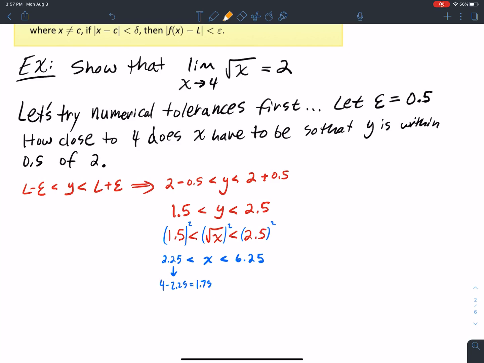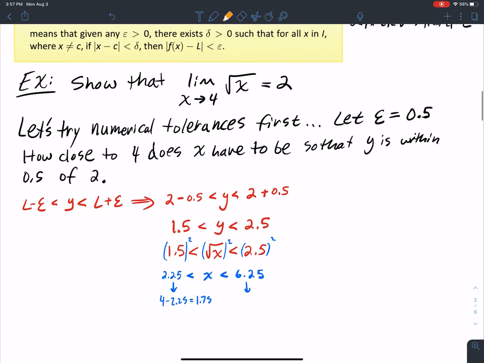And then from this one, I take the upper x value and subtract from it the c value, right? So what is this going to do? It's going to get me 2.25 here. So I have a delta here, and I have a delta here.